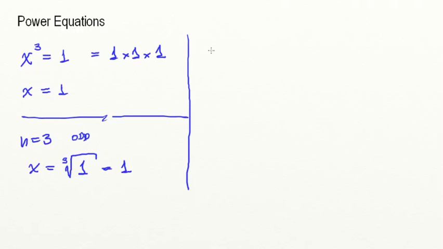Now let's take a look at some problems with surds. So what if x squared is 6? Now you can pause and try it yourself. Now what you notice here is n equals 2, which is even. So x will be plus or minus nth root of 6. And in this case, n is 2, right?